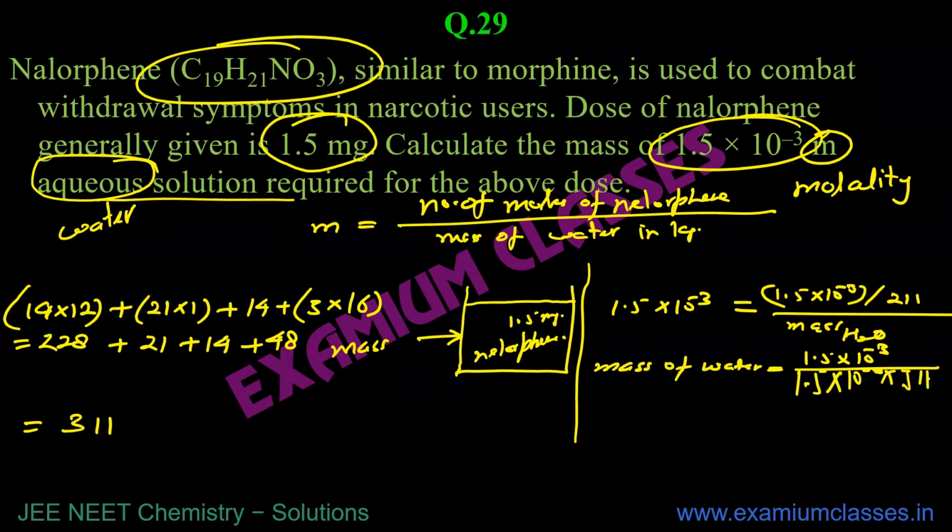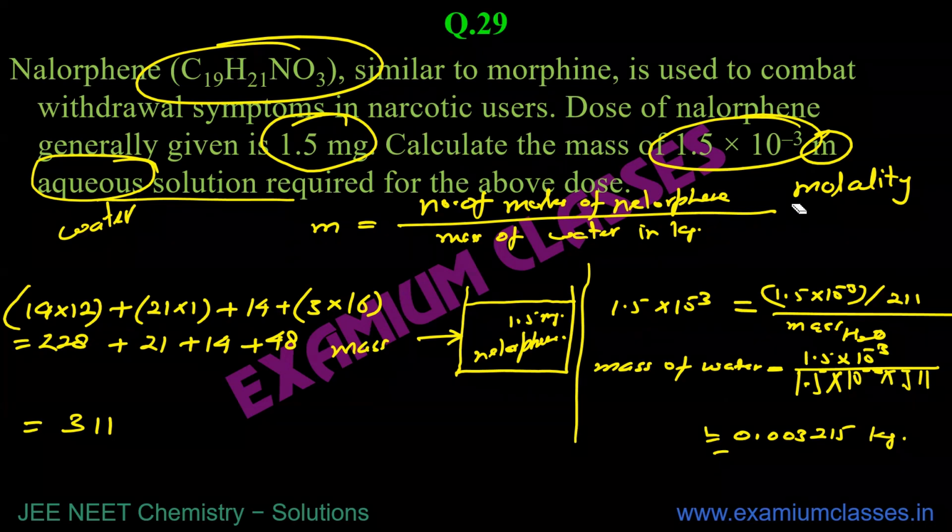But remember this one will be in kg. So the mass of water is 1 divided by 311, or I should divide 1000 by 311 to get it directly. I have just used a calculator, you should not be using it. It is 0.003215, but it will be in kilograms because in this formula it is in kg. I would suggest you say it is in grams and then you can have 1000 here if you want. But even this is okay.